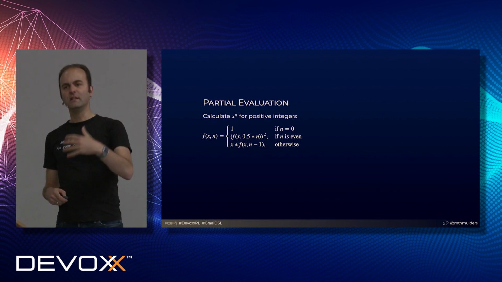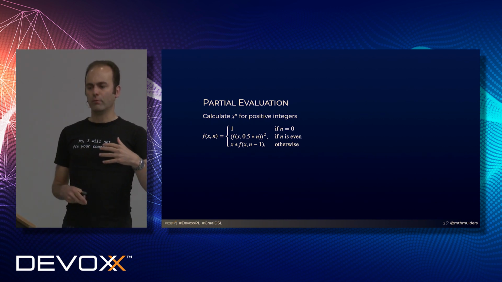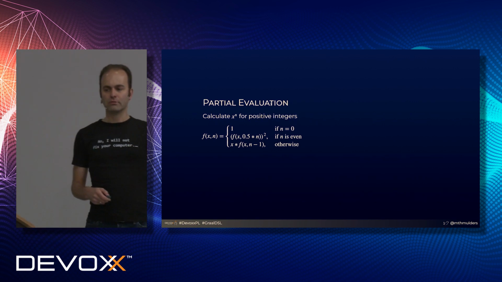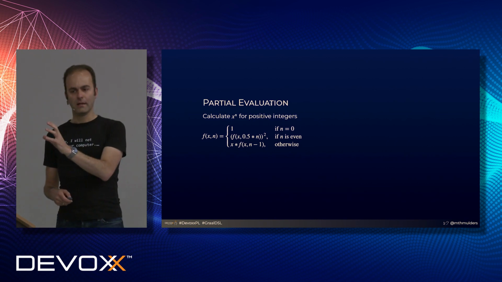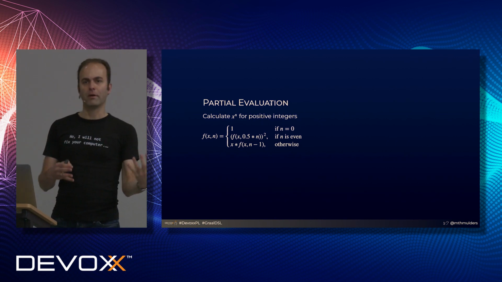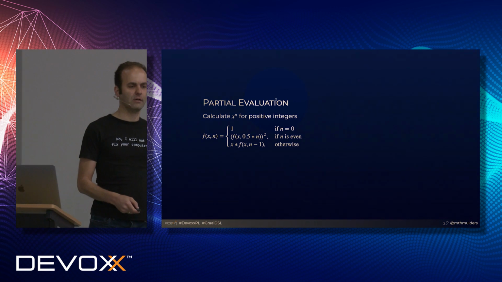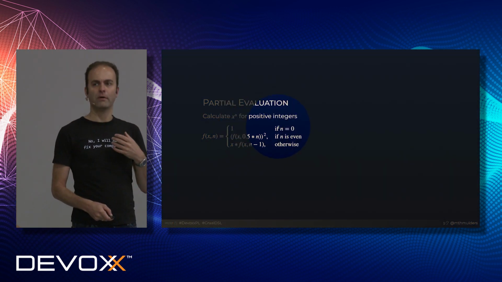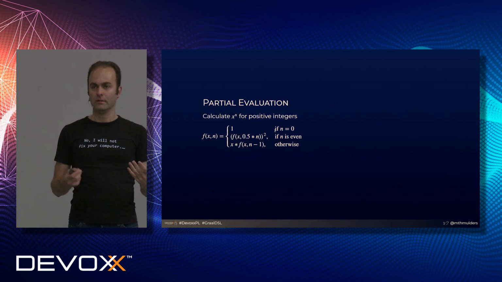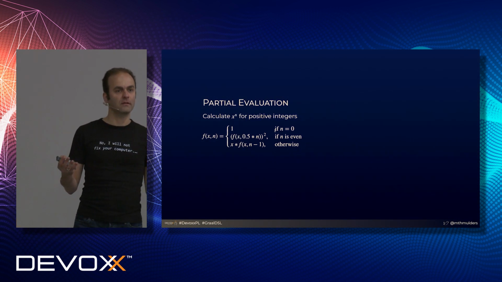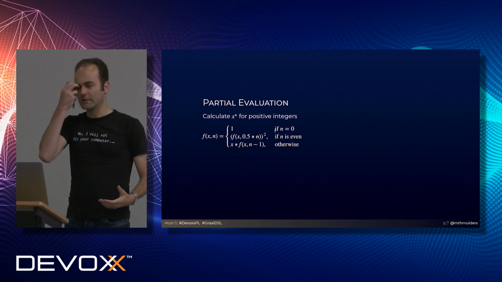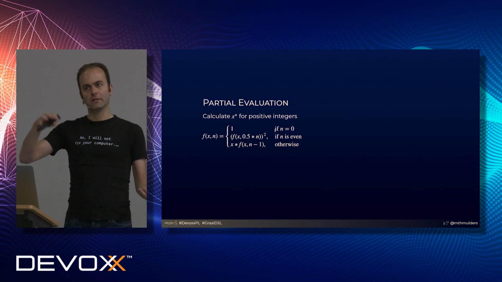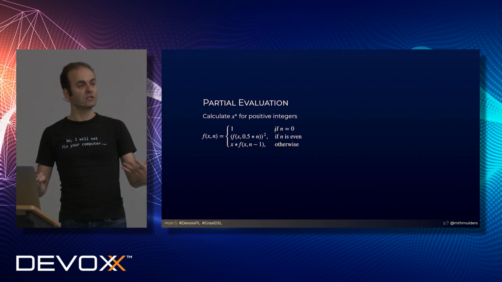Now, if n is even, we could say, well, actually, x to the power of n is equal to x to the power of half n, and then multiplied with itself. That's what it says down there: f(x, n/2) to the power of 2. That's also a mathematical rule, right? You can just say that the exponent divides by 2, and then multiply it with itself, and that would be the same outcome.